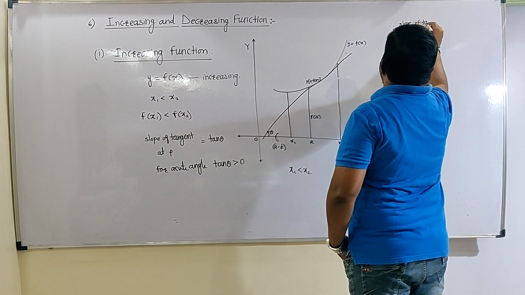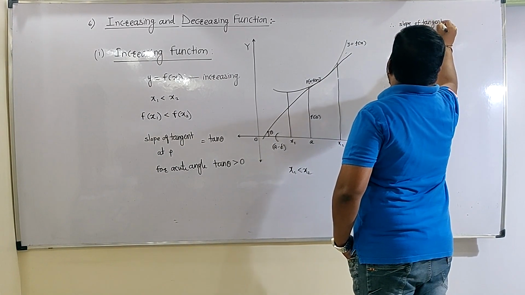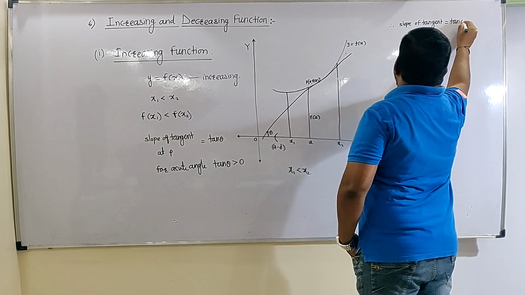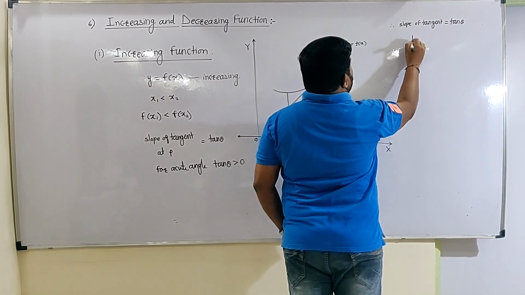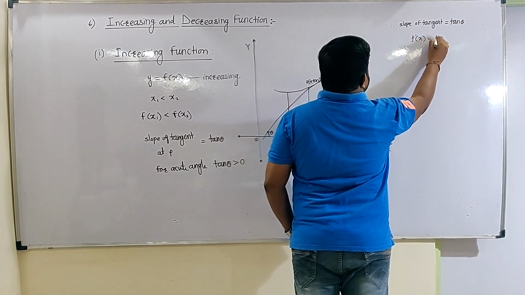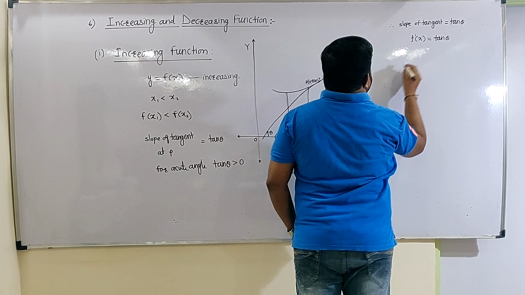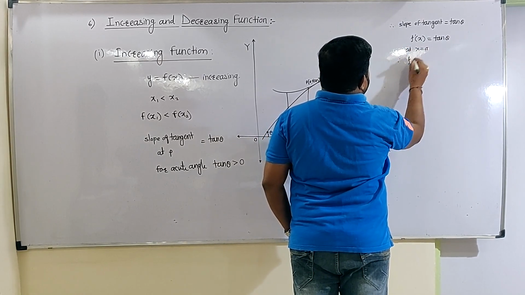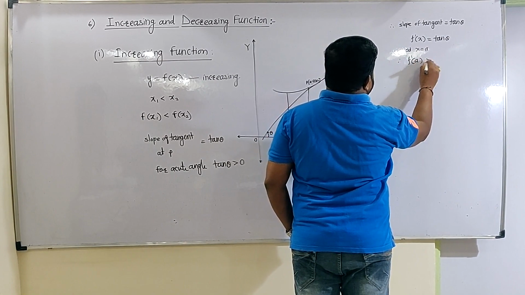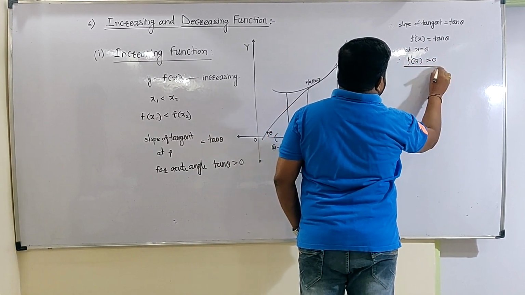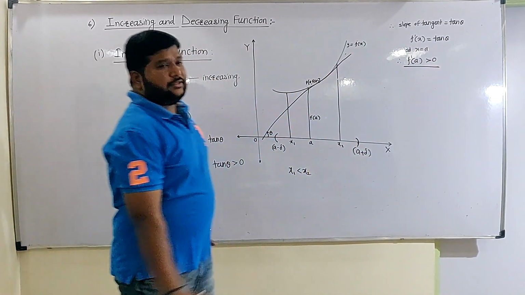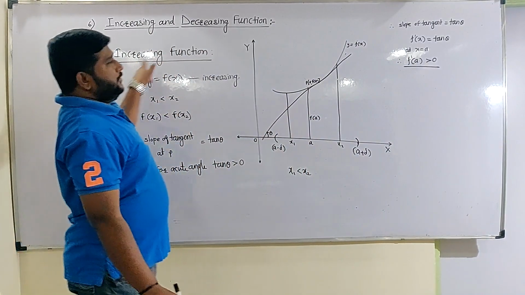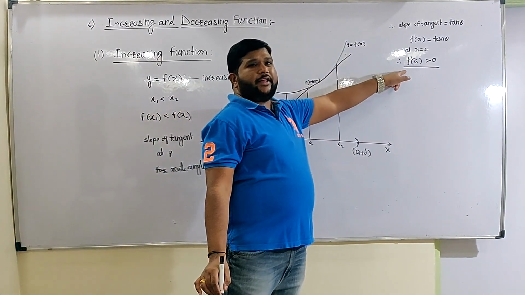Slope of tangent means f dash of x is equal to tan theta. So f dash of a, at x equal to a, is greater than 0. This is an important condition for an increasing function.